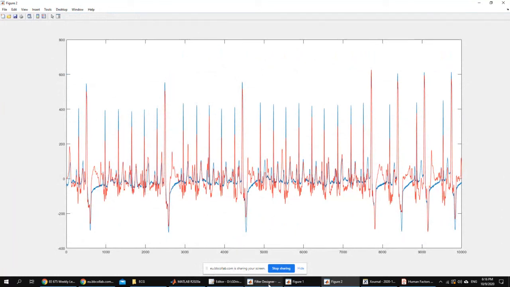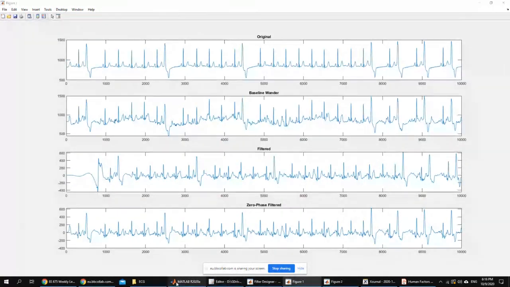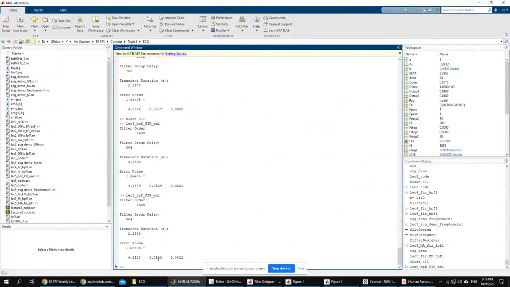It's very difficult to compare them even here, but we can go back to our metrics. This one is 0.0529, this is 0.0558. If you compare these two, which one is better?